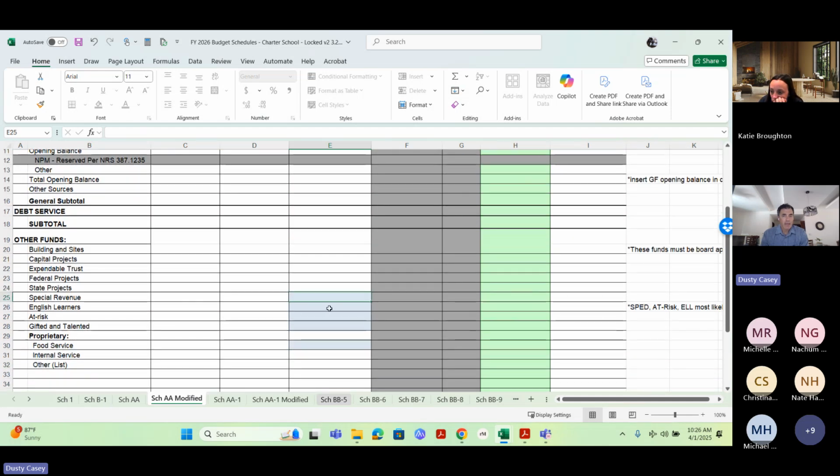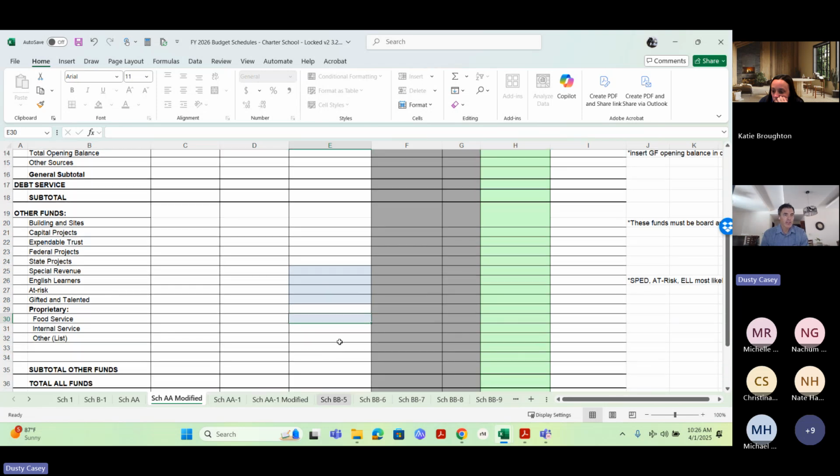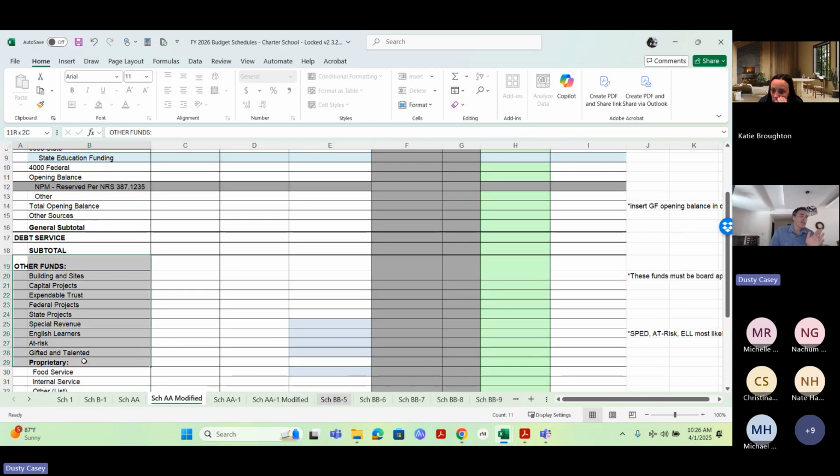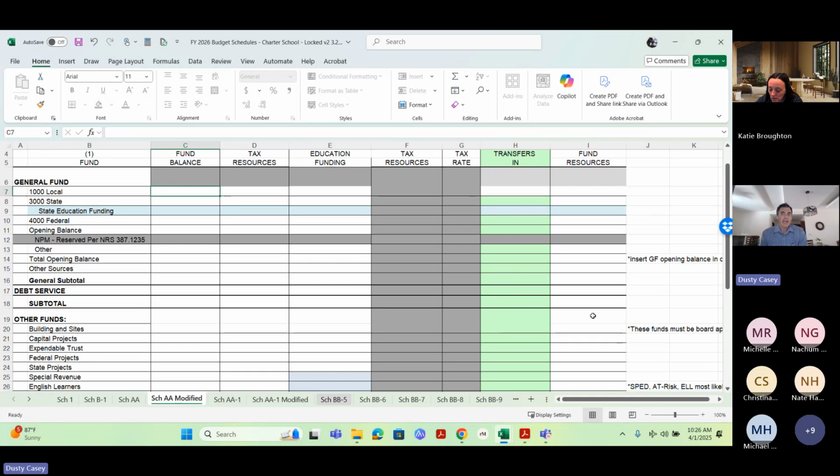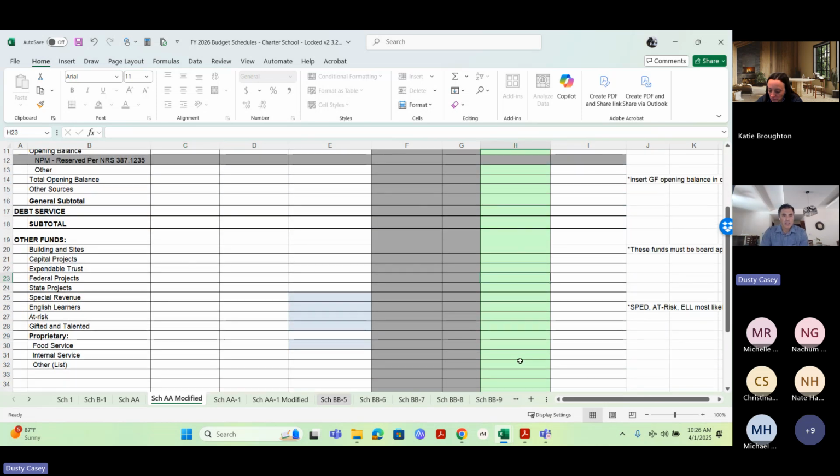Again, SPED revenue, this is your local special education revenue. That's what goes in here. And then if you had other proprietary funds, and again, these are for board-authorized separate funds. If you have something in your general fund, then it goes up top. You also need to record any fund transfers in. So in your special education fund, if you're transferring in 400,000 that you listed on that funds transfer tab, that 400,000 would go right there.